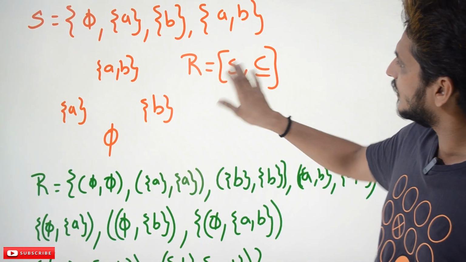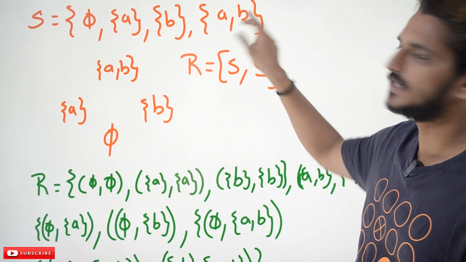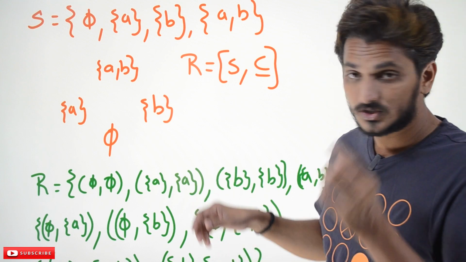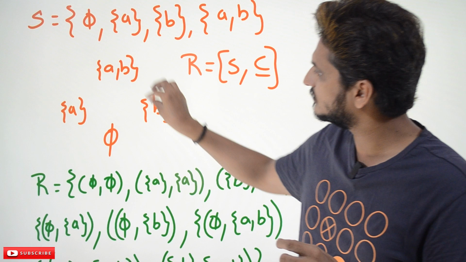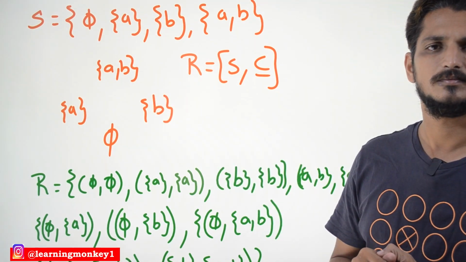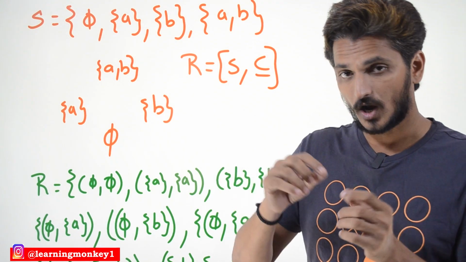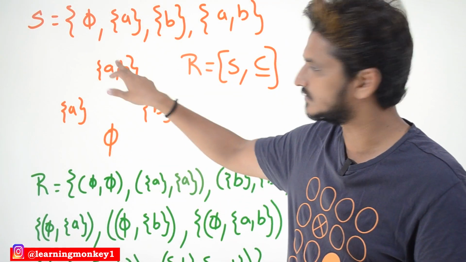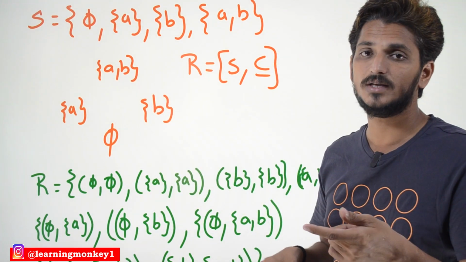In our relation we have four elements: phi, set A, set B, set A comma B. For each element you have to create a vertex. That is our first step. After creating the vertices, you have to create edges between these vertices.